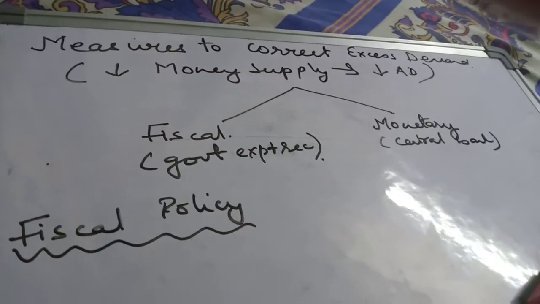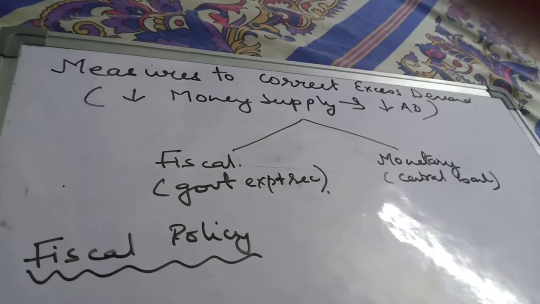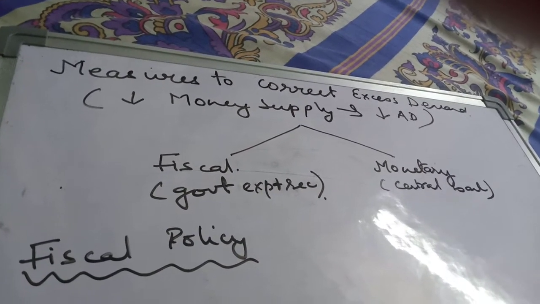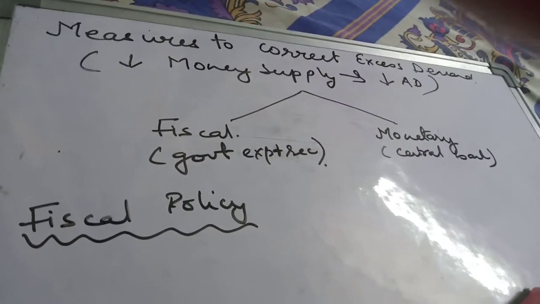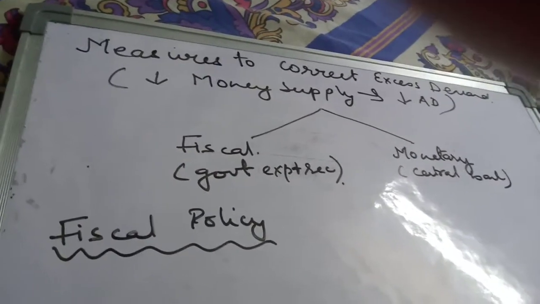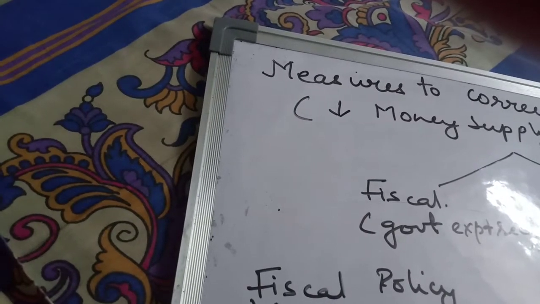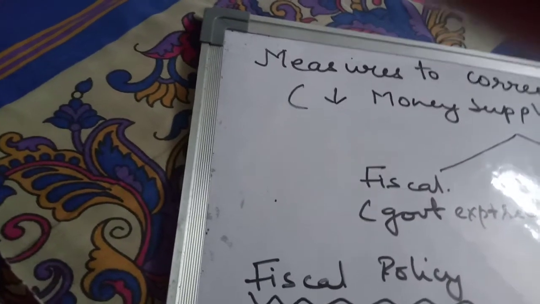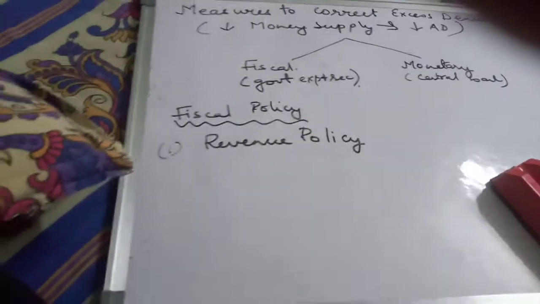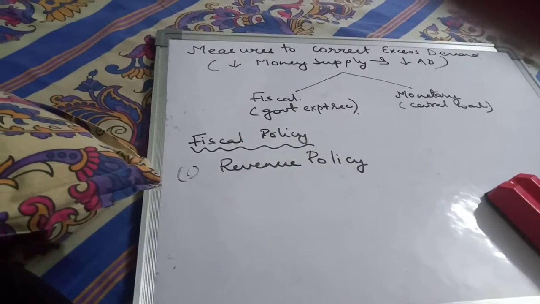It is the expenditure and revenue policy of the government to accomplish the desired objective. Our main objective is to reduce the money supply and thereby reduce the aggregate demand. The first component of fiscal policy is the revenue policy, and the main component there is tax.